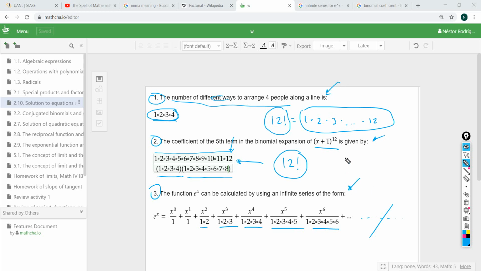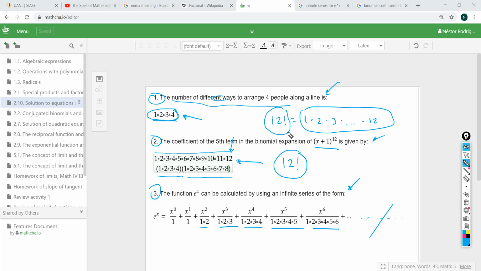Mathematicians don't care about examples, they care about the object itself, like the factorial, and they start to analyze it mathematically without any regards to applications whatsoever. So that's how the concept of the factorial was born.